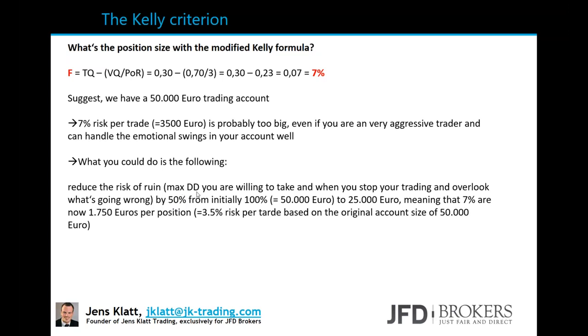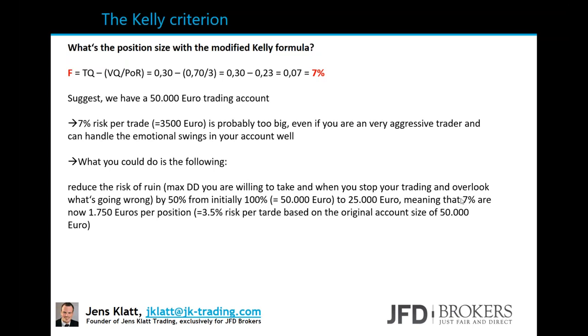So the maximum drawdown you're willing to take, this is the risk of ruin if you want, in this case. So let's say the max drawdown you're willing to take, when you stop trading and look over what's going wrong, you reduce this by 50% from initially 100% from 50,000. So you're in fact just trading a 25,000 euro account.